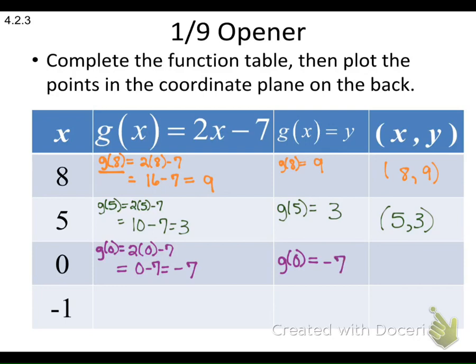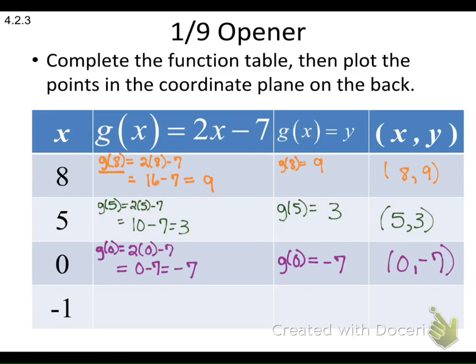And then your ordered pair, (0, negative 7). Good. So you wouldn't say the function of G, just a reminder, because the function of G is the function. Okay, let's look at the next one, the last one here.